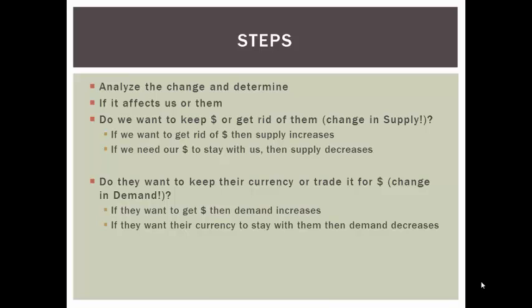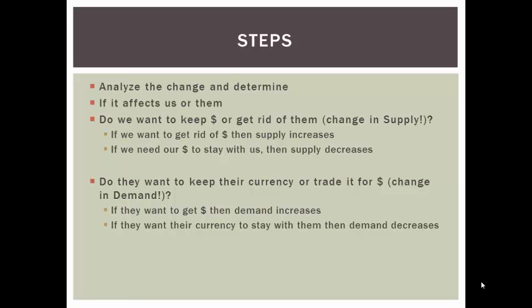Let's say we decided that the change is going to affect United States residents. We're going to ask ourselves, in this situation, do we want to keep our dollars to ourselves, or do we actually want to exchange them for the other currency? I use the word "get rid of them."